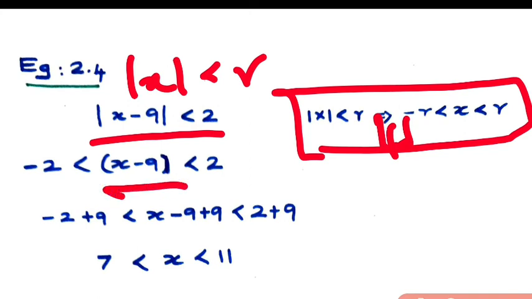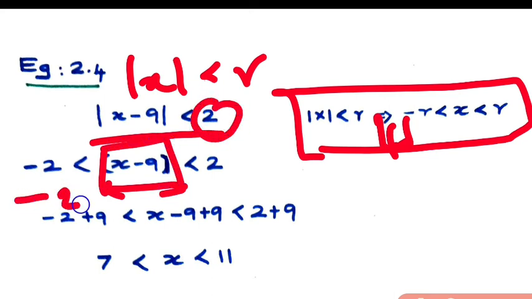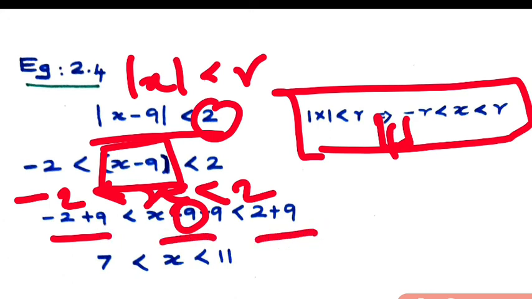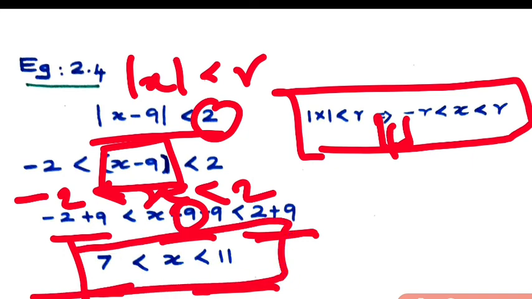So minus 2 is less than x minus 9, less than plus 2. Next we want to cancel minus 9, so I add 9 to each term of the inequality. Then it becomes minus 2 plus 9 is 7, less than x, less than 2 plus 9 is 11. So this is the required answer.